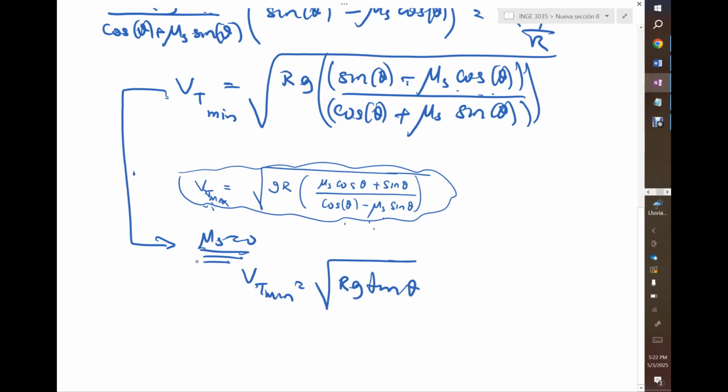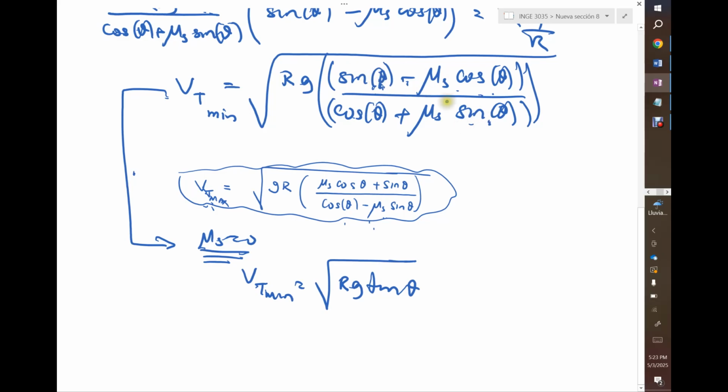Now, when mu s is not 0, it's going to be interesting what's going to happen at a given angle. I'm debating whether I'm going to plot this or not. In the particular case of theta equals 0, this is gone, this is gone, this is gone as well.